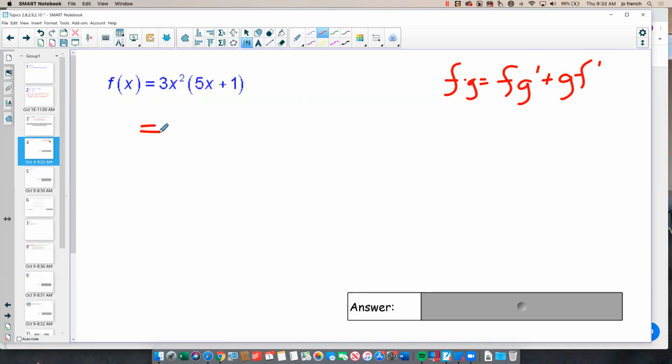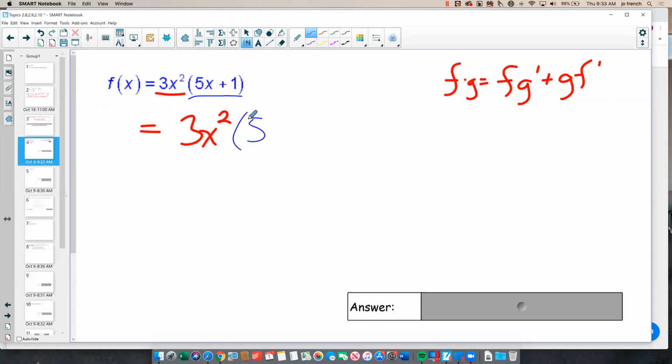So let's take our formula. We will identify our first function to be 3x squared, and our second function we will identify as 5x plus 1. So our derivative will be our first function, 3x squared, times the derivative of our second function. The derivative of 5x plus 1 is just 5.